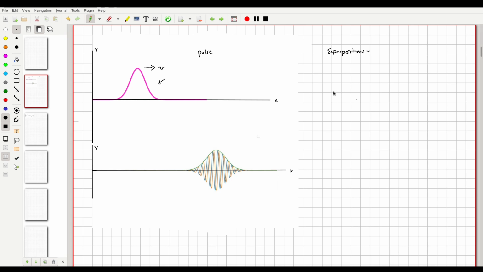If you remember the word superposition from a long time ago, that's typically what we call the addition of vectors. That's also what we call the addition of waves. You can add waves, you superimpose waves to create a more complicated wave. And this is what you're looking at right here. So this is an example of a wave packet.